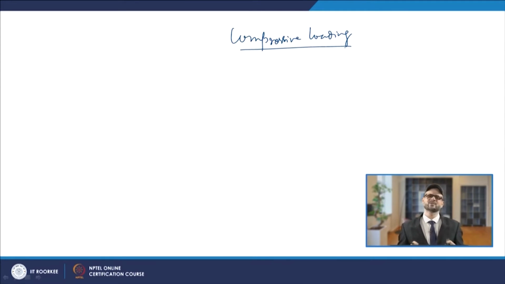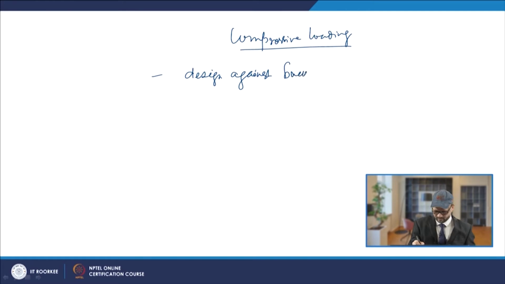But that is very rarely the case under compression. Mainly what we need to design in the case of compressive loading is the design against buckling, because depending upon the length of the member, the slenderness effect will come into the picture. So, you will have to design against buckling.